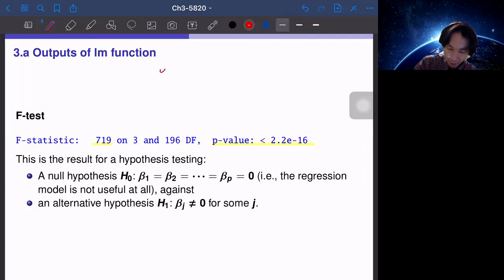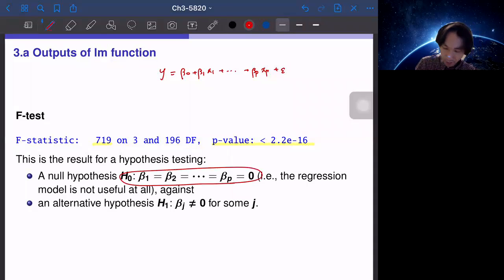Basically, Y is equal to beta naught plus beta 1 x1 plus ... plus beta p xp plus epsilon. And this is the null hypothesis. The alternative hypothesis is that at least one of beta 1 to beta p is not equal to 0.